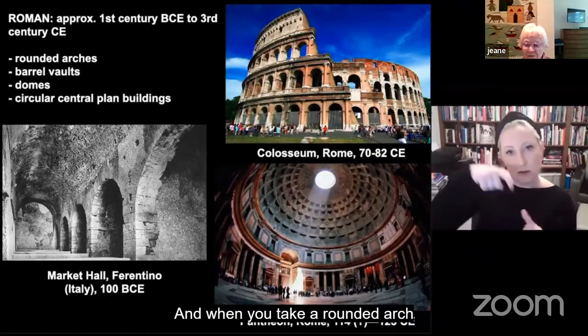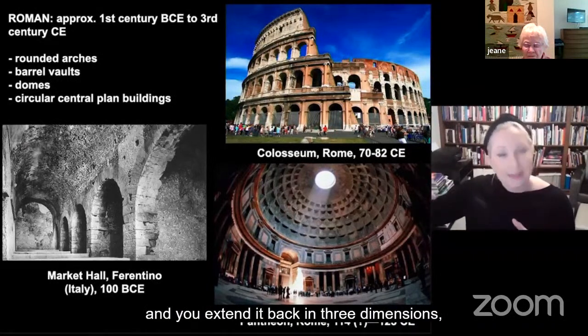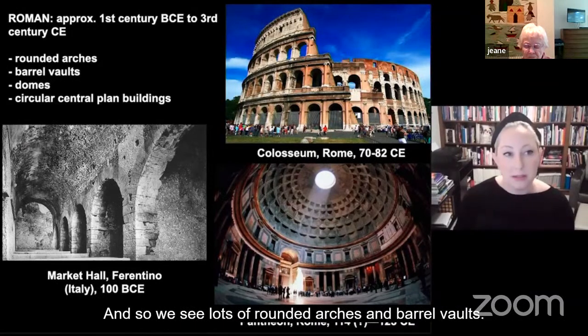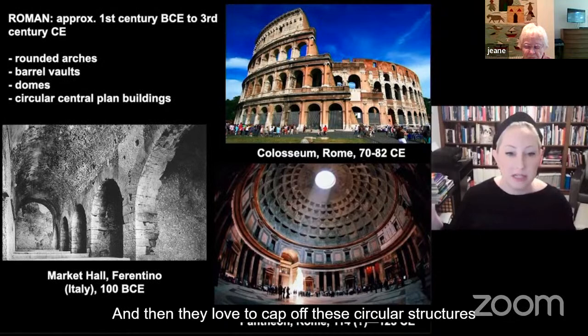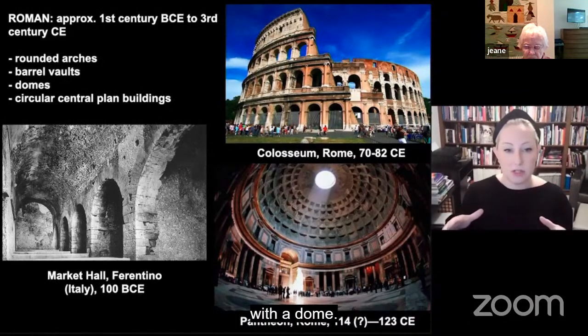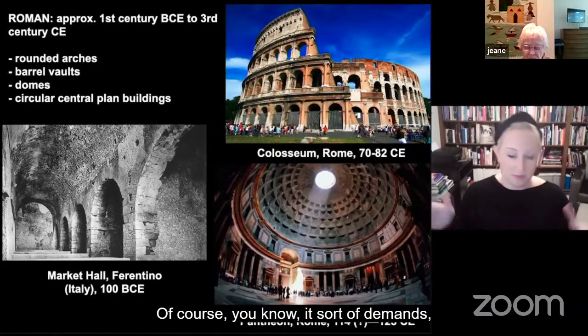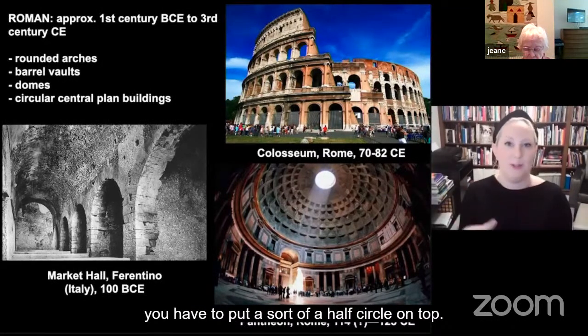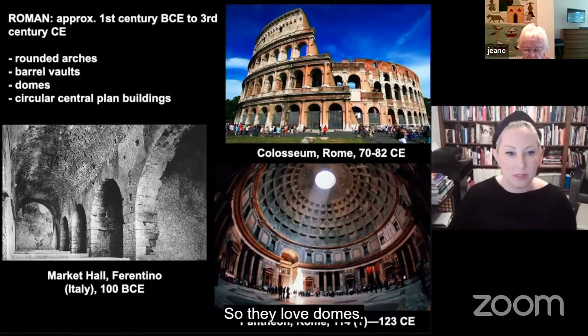And when you take a rounded arch and extend it back in 3 dimensions, you make something called a barrel vault. And so we see lots of rounded arches and barrel vaults. And then they love to cap off these circular structures with a dome. Of course, if you have a big circle, you have to put a half circle on top. So they love domes.